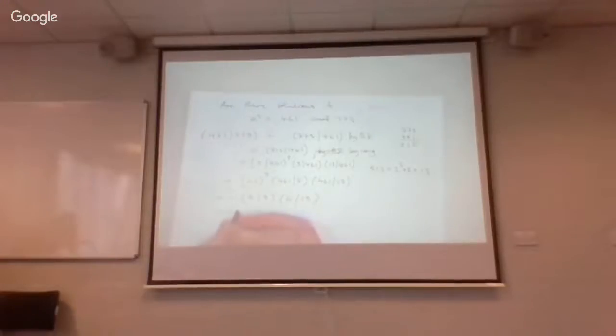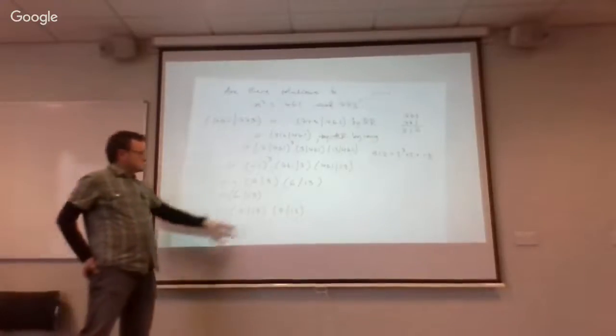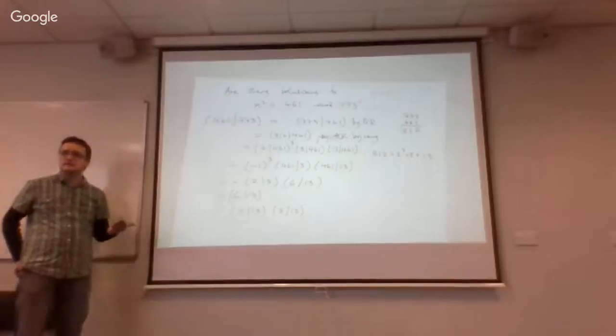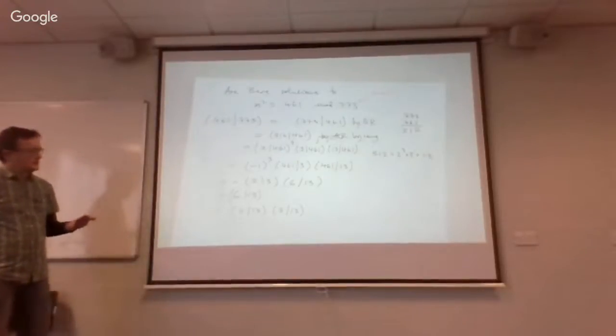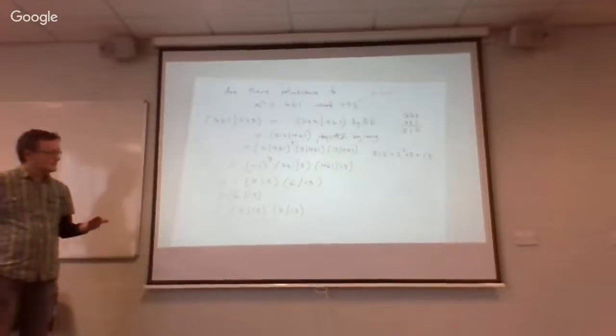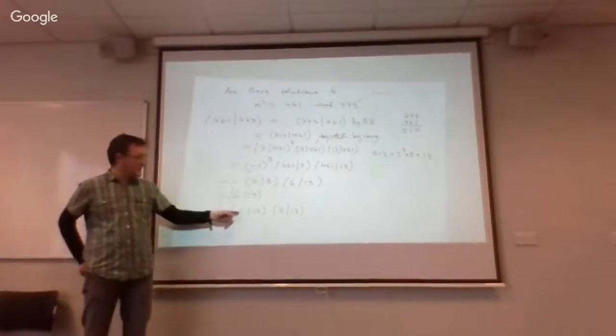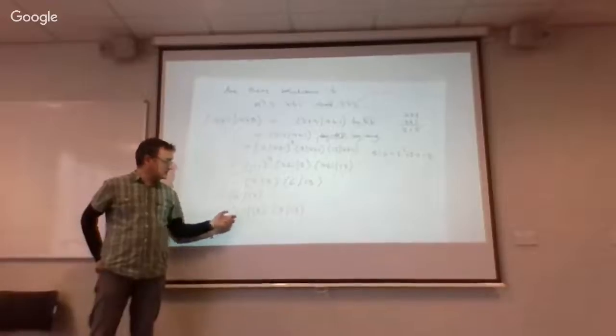This is just going to be (6/13), which by factorization will be (2/13) times (3/13). For 2 modulo 13, we just have to check 13 modulo 8. It's 5, which is minus 3, so that's minus 1.